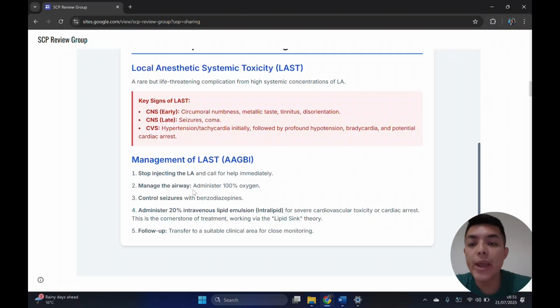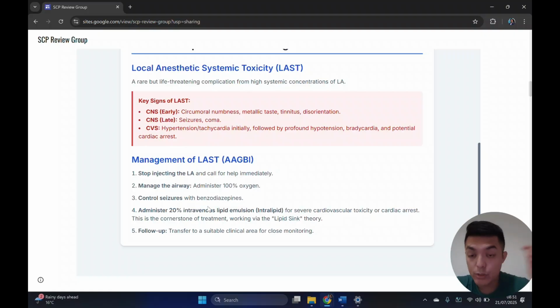You manage the airway and administer 100% oxygen. Of course, use your clinical judgment, but you manage the airway because it can deteriorate fast. Next is to control seizures with benzodiazepines. Just check your local guidelines.